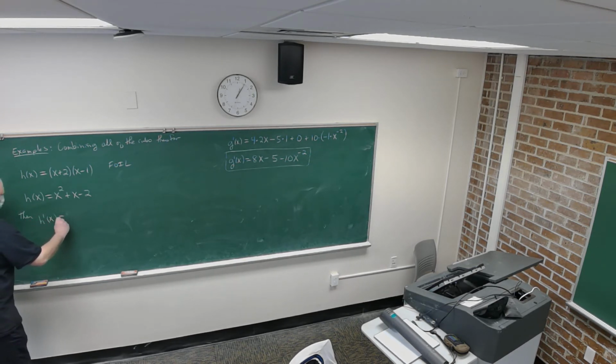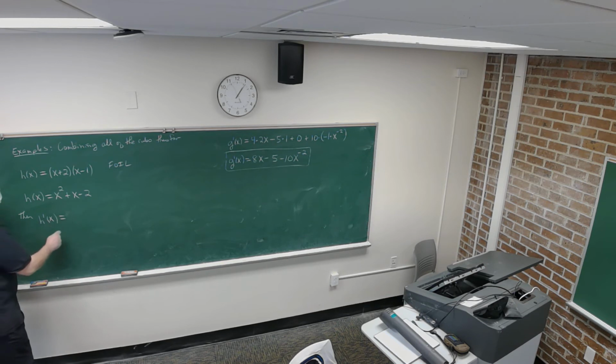So h prime of x, right, if this was a problem on an exam and you had to give the derivative, you don't have to do everything we've been doing. We're just laying out the rules, the laws, and then you'll implicitly apply the laws on an exam question.